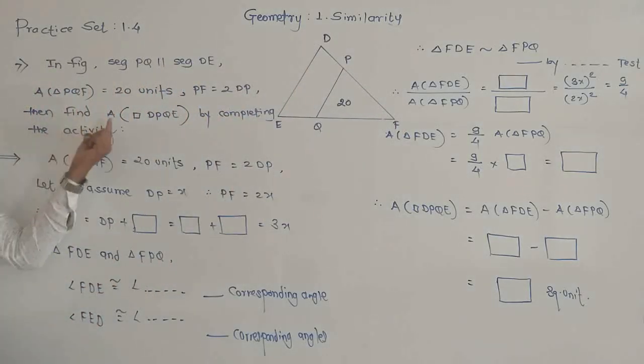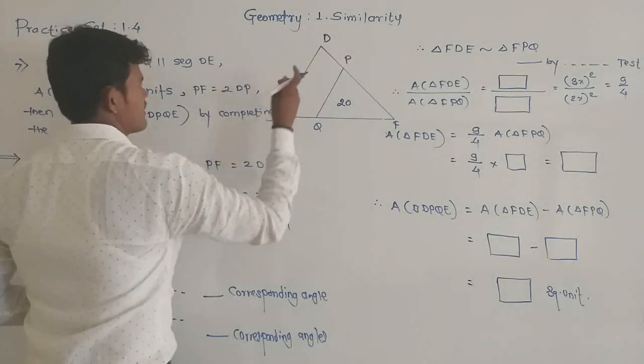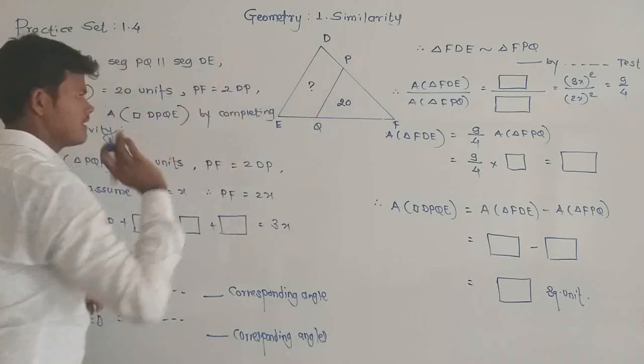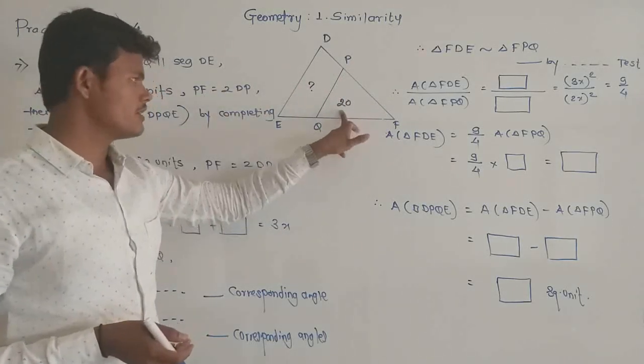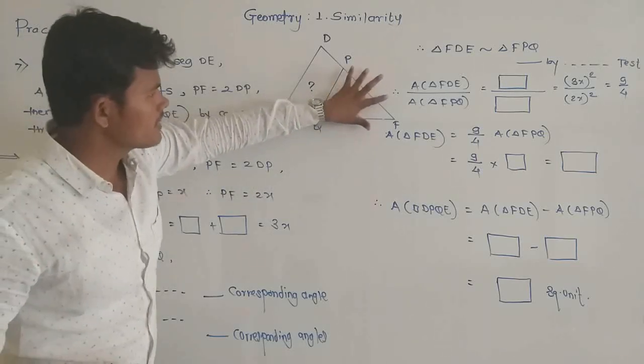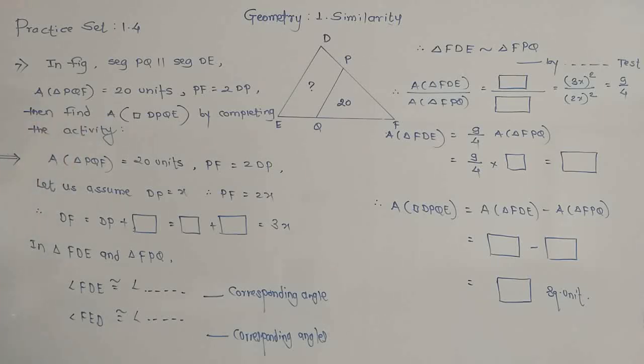Then find the area of quadrilateral DPQE. We have to find the area of this quadrilateral, and the area of triangle PQF is given, which is 20 units. Also given that the length of segment PF is twice segment DP. By completing the following activity.